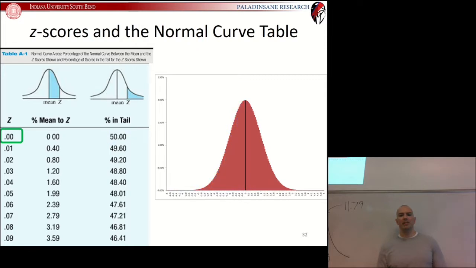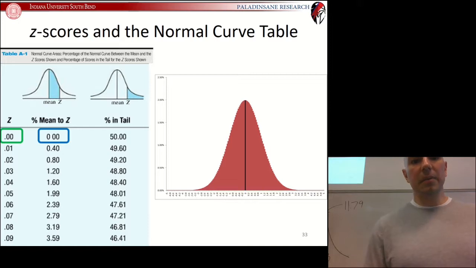Between the mean and a z-score, there's nothing. So that's why this percentage is 0. And then above that z-score, it's also, once again, 50%. So there's really just that one little tricky area: for a z-score of 0, between the mean and that z-score, there's nothing.